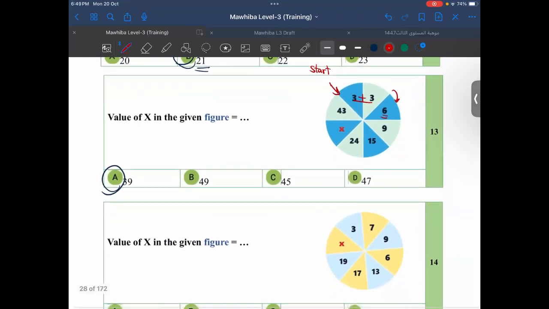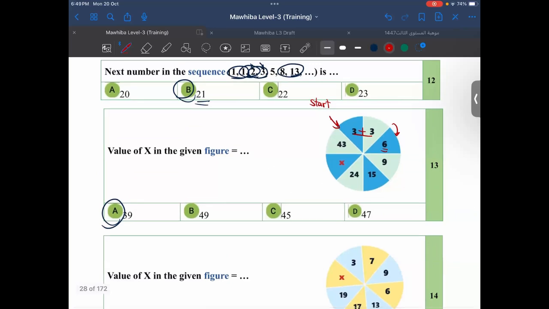And if we take 3 plus 6 here, we're going to have the next number in the circle, and so on. So in order to find x, I'm going to find the sum of the two numbers before it. So it's 15 plus 24. Okay, thank you. You're welcome.